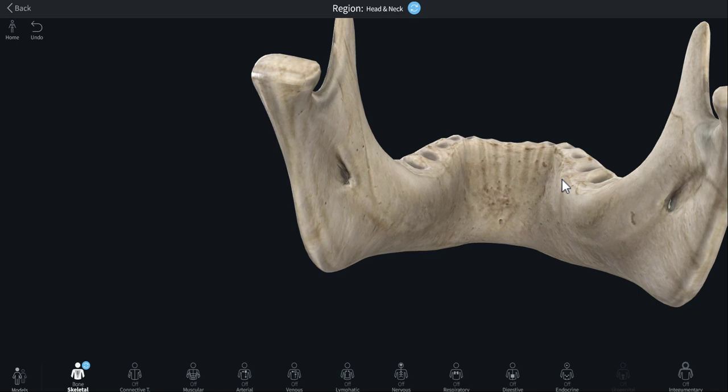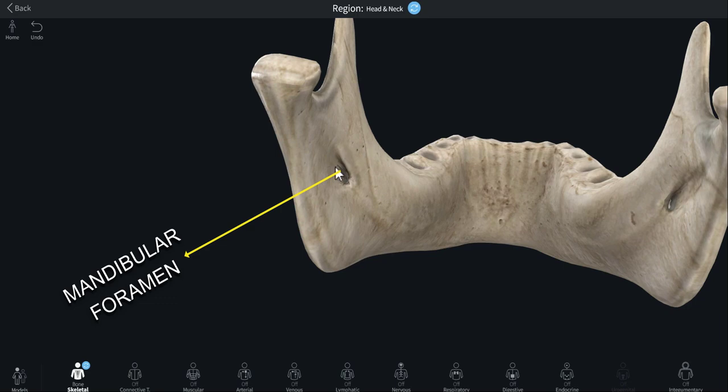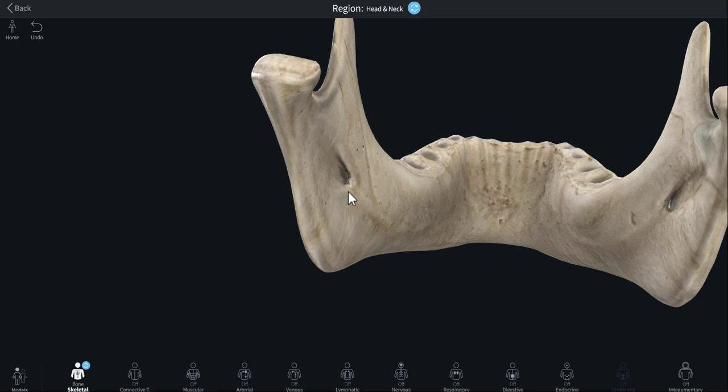This foramen is known as the mandibular foramen. The mandibular foramen, very important structure. Just like I have said already, any foramen in the skull, in the cranial bones, all the foramina are present for a reason, right?